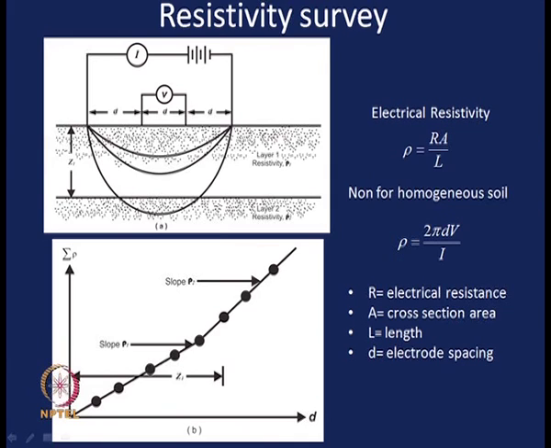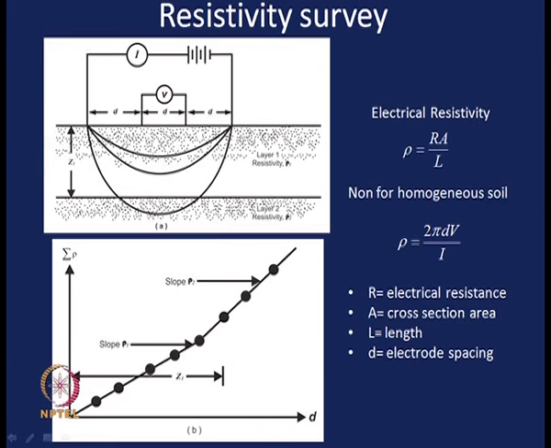This electrical resistivity rho will be R A divided by L, where R is the electrical resistance of a particular material, A is the cross section area of that material and L is the length of the material. So, if we know R, A and L, then we can determine the electrical resistivity of that particular material.